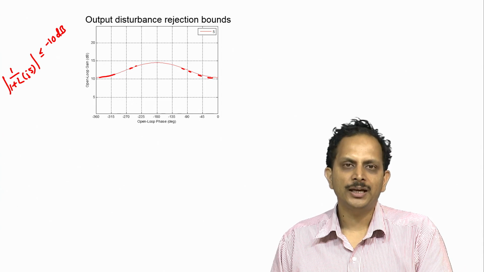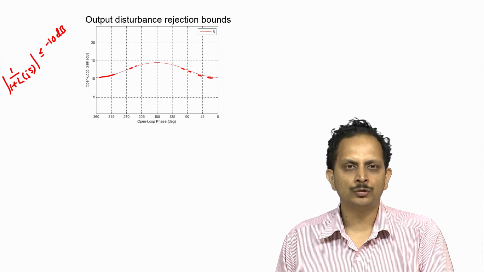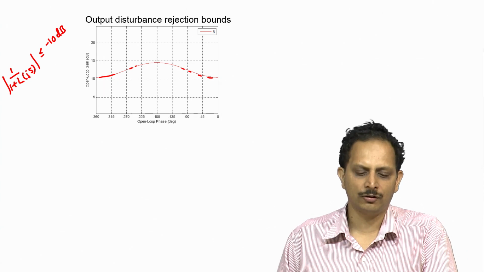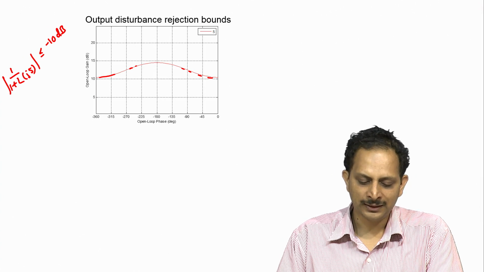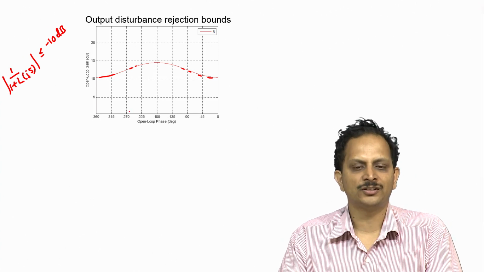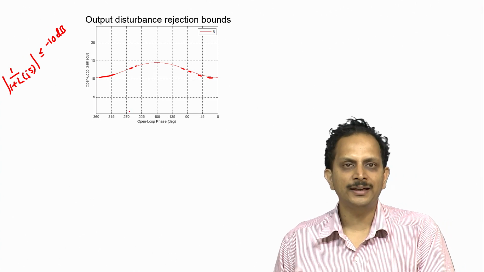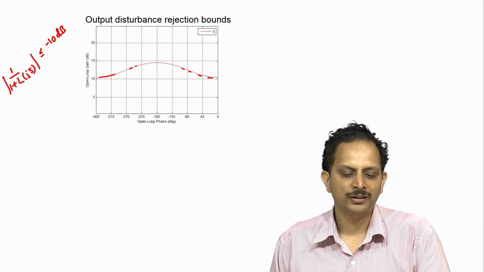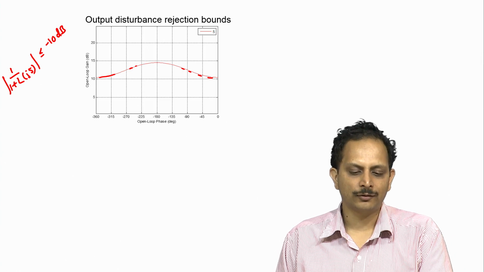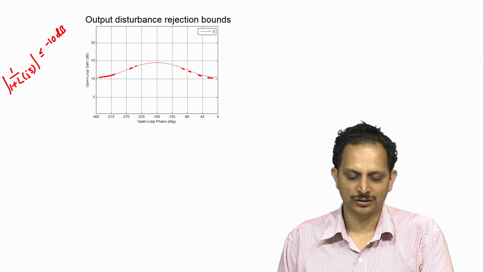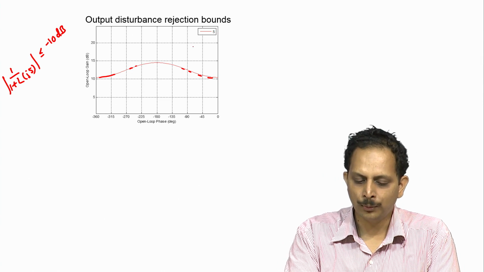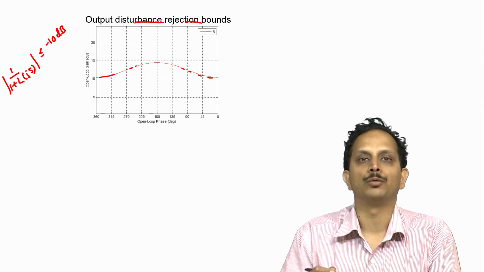Now such a boundary can be plotted using what is known as a QFT toolbox. So by using this software, we can determine the permissible values of phase and gain for which we can achieve the specified performance requirements as far as output disturbance rejection is concerned, and this boundary is called the output disturbance rejection bound.